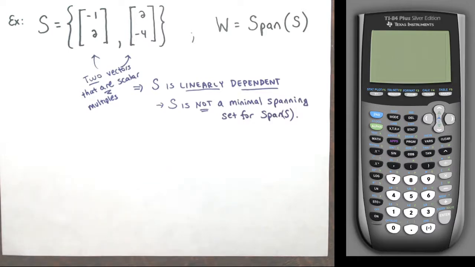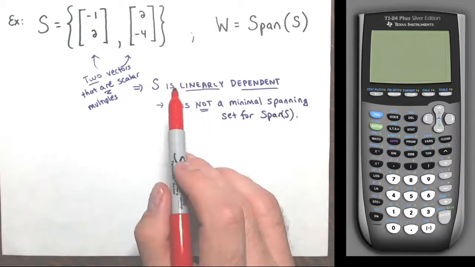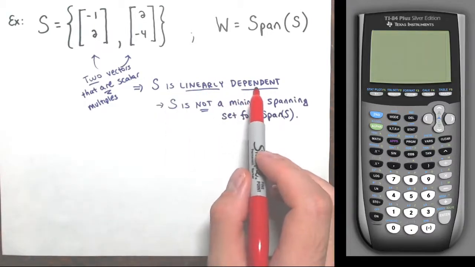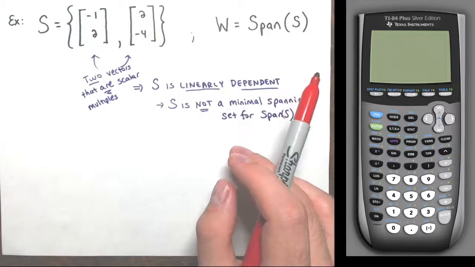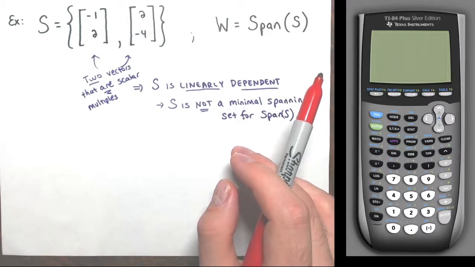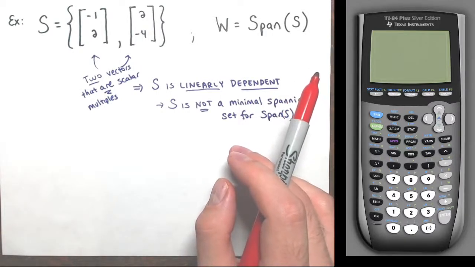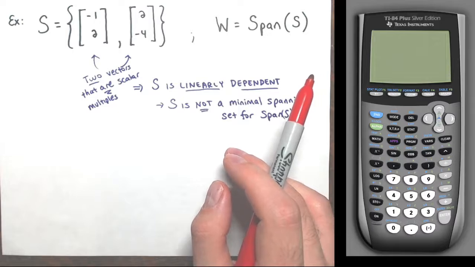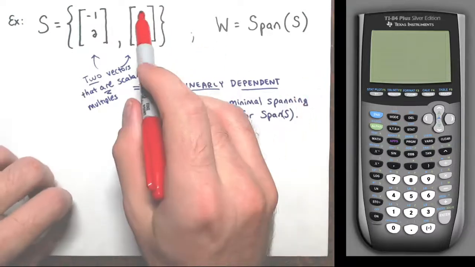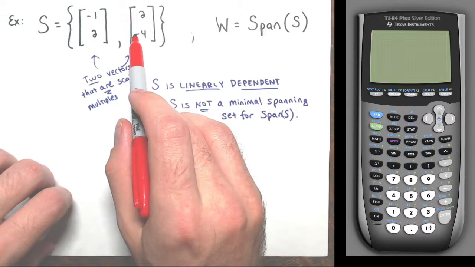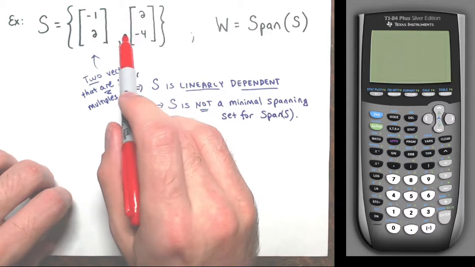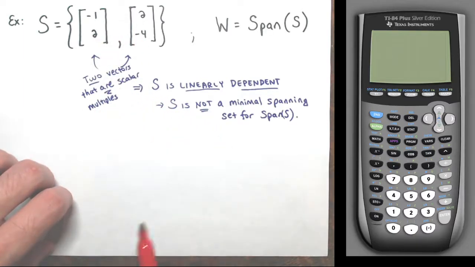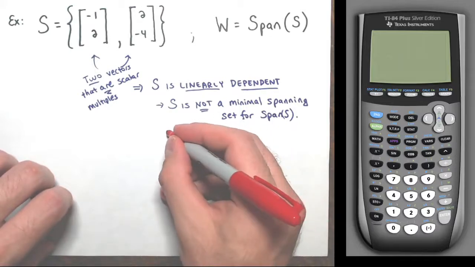So remember that procedure I had up earlier? It was a while ago, on the second page now. If the set is linearly dependent, that means you should be able to find a vector that can be written as a linear combination of the other vectors. There are only two vectors here, so can you find a vector that is a scalar multiple, which would be a linear combination of the other single vector? And that's clear here.